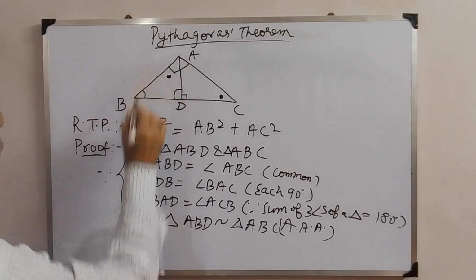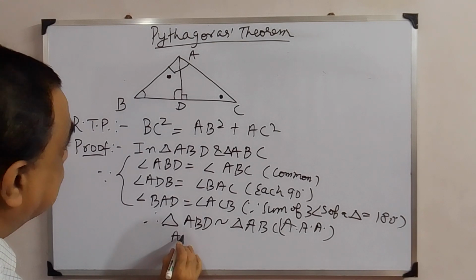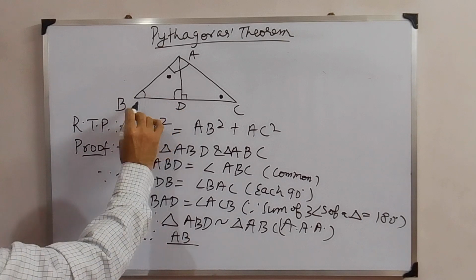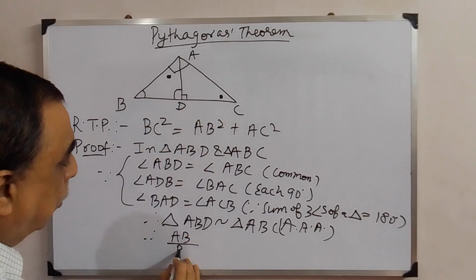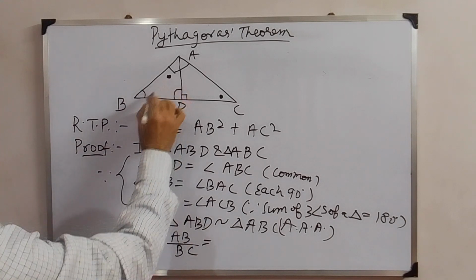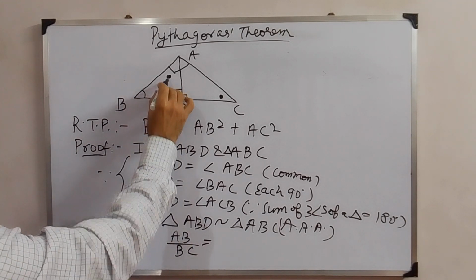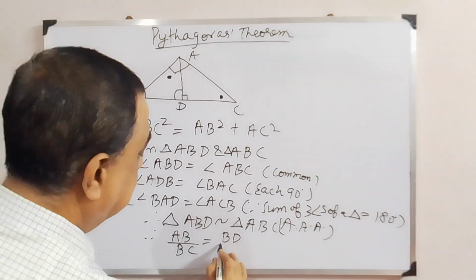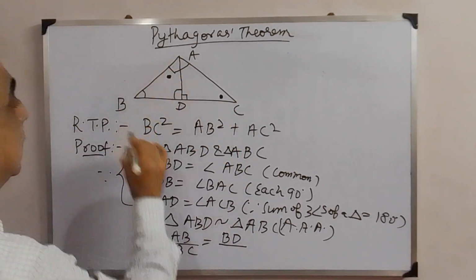The side opposite to 90 degrees in the smaller triangle is AB. Therefore AB upon BC, the sides opposite to 90 degrees, is equal to BD, opposite to this angle, divided by AB, opposite to this angle.